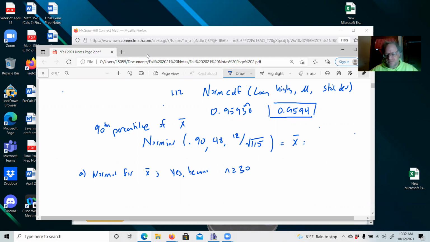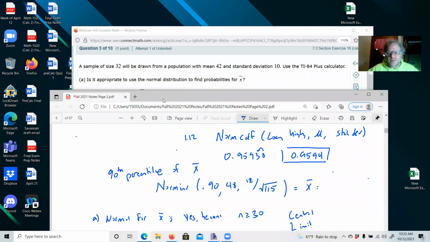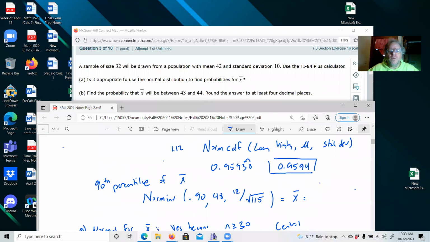And we know from CLT, central limit theorem, it's appropriate because it's bigger than 30. So is it appropriate to use the normal distribution? Yes. What is the probability that x bar will be between 43 and 44?